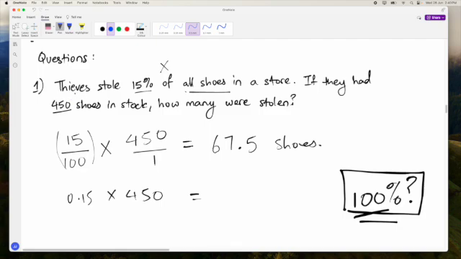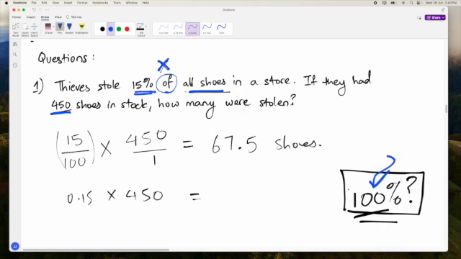So for example, thieves stole 15% of all shoes in a store. If they had 450 shoes, how many were stolen? So the thieves stole 15% of, seeing the word of, that means multiply, all shoes. So remember, 15% of all the shoes. In this case, all the shoes are 100%.